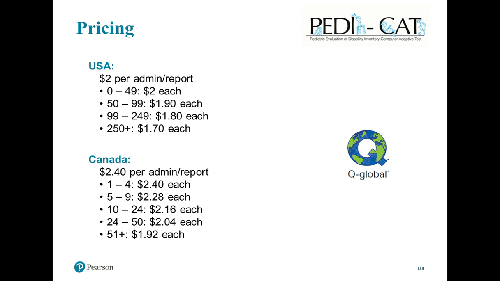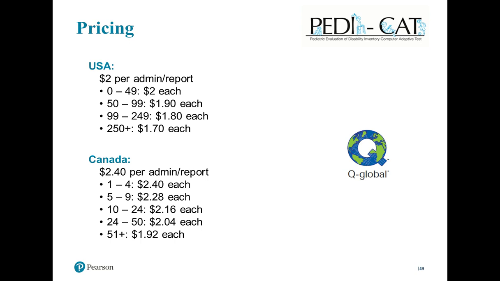So in terms of pricing, I've got pricing here for both the United States and for Canada, because most of the people on here will be either in the US or in Canada. So for the US, the price is $2 per administration or report. That includes the actual administration of the assessment and the generation of the report as well. And as we said before, the manual is available in Q Global for free anyway, so you're simply paying for each usage.